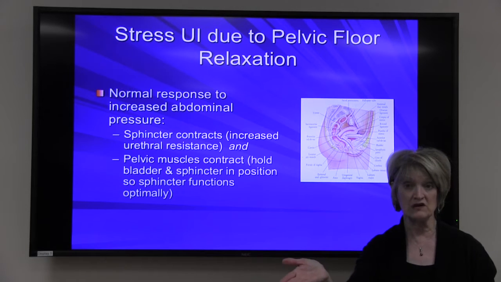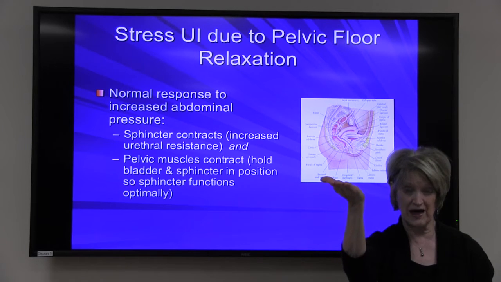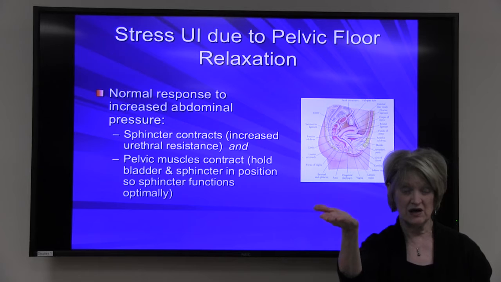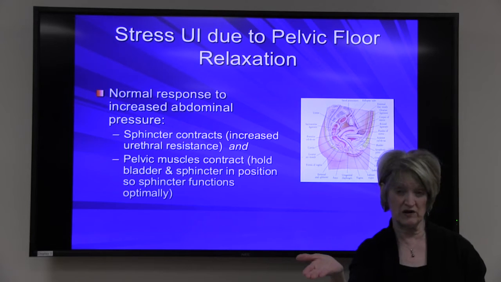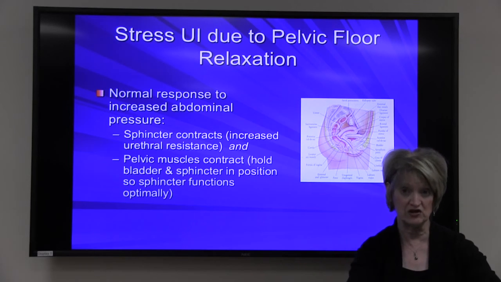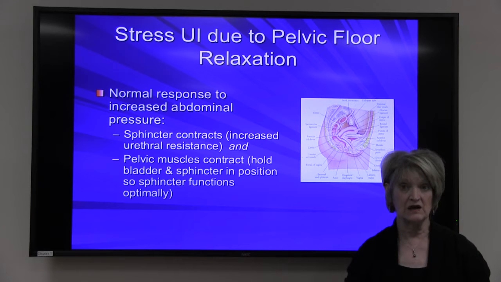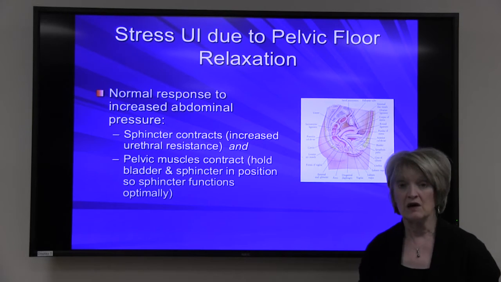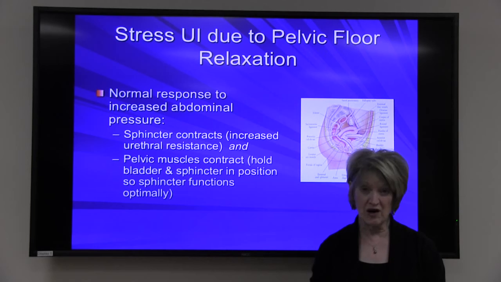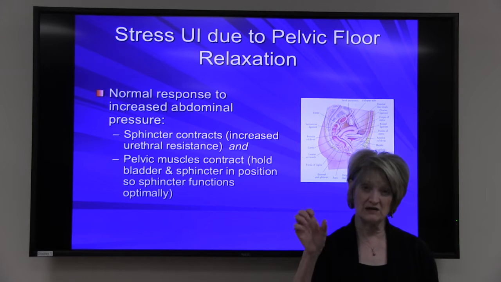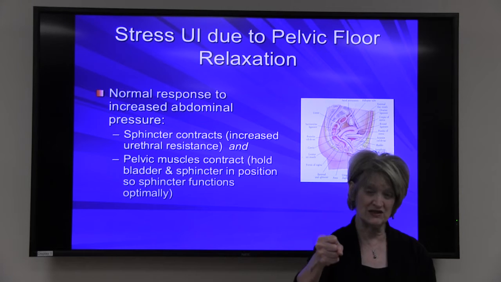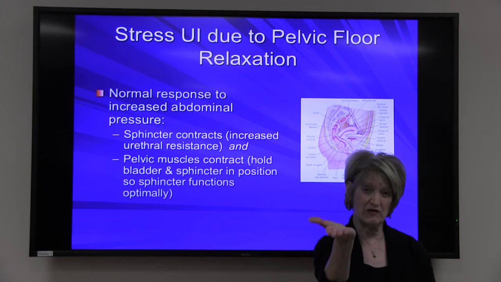So the pelvic floor muscles give a lift that holds the bladder and the sphincter in position. As long as the bladder and sphincter are in position, the sphincter functions optimally, and you get optimal urethral closure and urethral resistance. So with normal function, the fact that bladder pressure rises is not an issue because the sphincter compensates. It closes around the urethra, increases urethral resistance, and the pelvic floor holds everything in position.